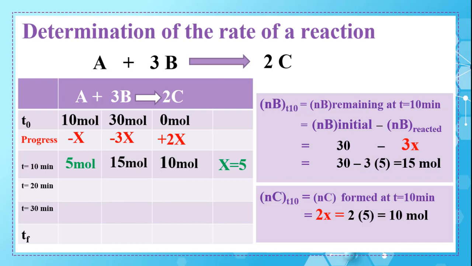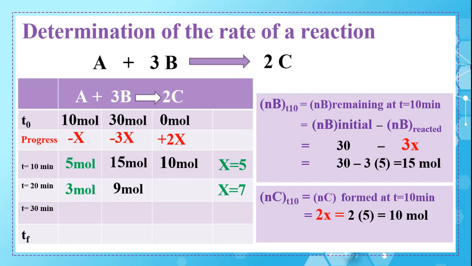At t equal 20 minutes, let's say that n of A equals 3 moles. So the number of moles of A reacted is 7 moles, since 3 moles remained out of 10. So x equals 7. Now, the number of moles of B remaining at t equal 20 minutes will be 30 minus 3x equals 9 moles.